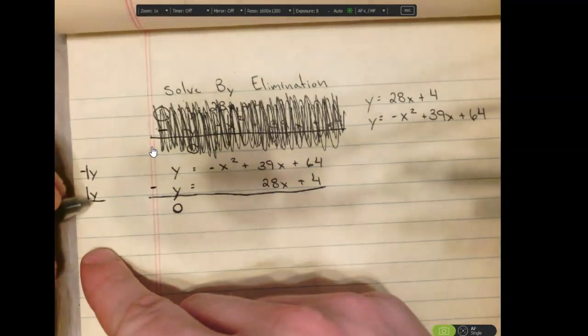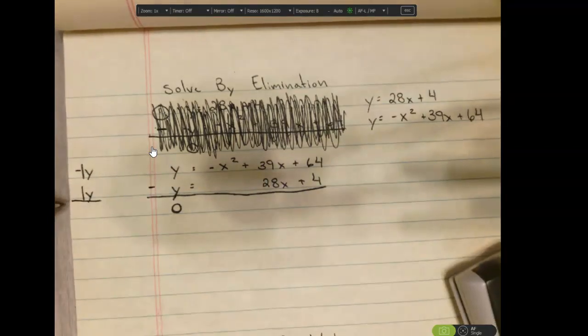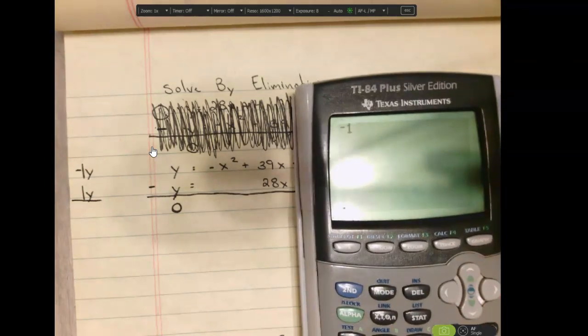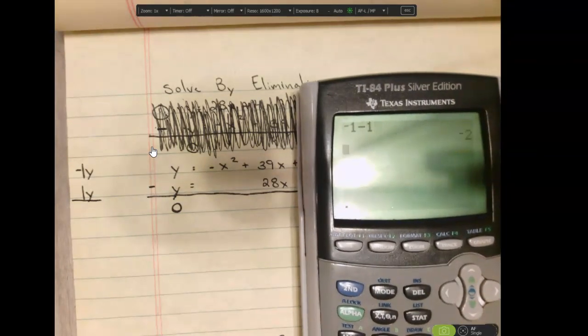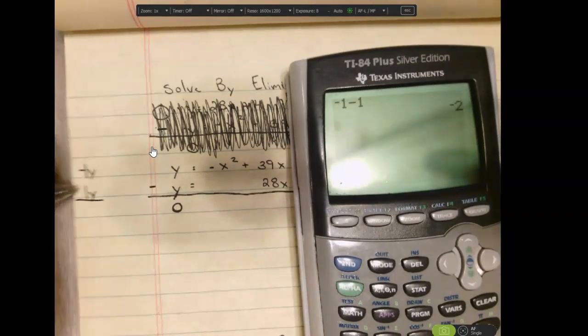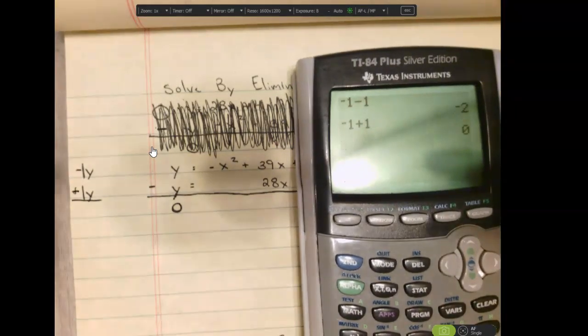It just happens that one has a positive 1 and one has a negative 1. And if I want to eliminate those, I would not subtract them. And we can see that because negative 1 minus 1 gives me negative 2. But if I add those two y's together, so negative 1 plus 1, that gives me 0. And that would make those y's be eliminated. They would almost kind of cancel one another out.